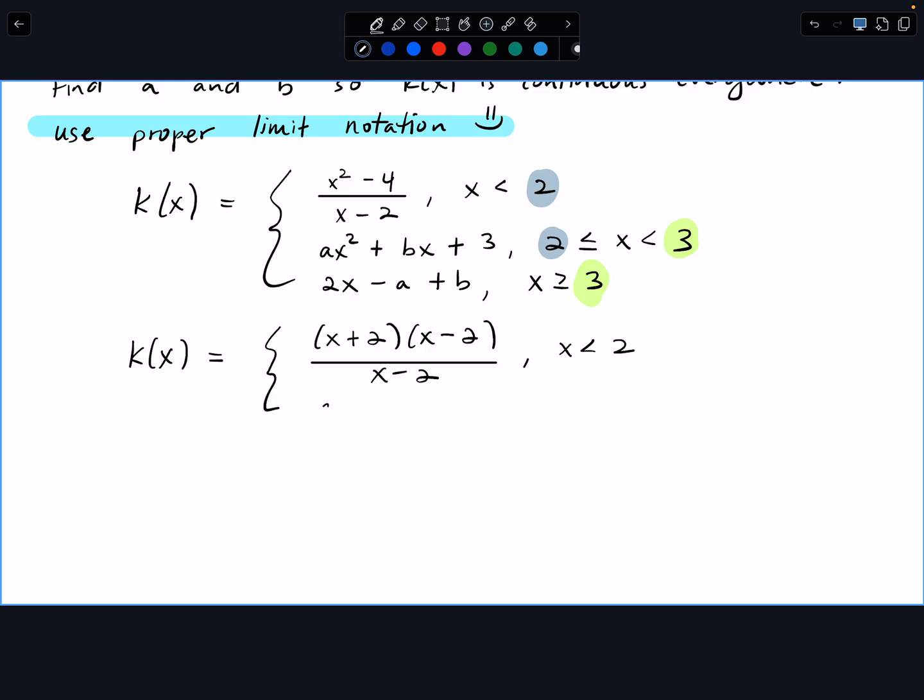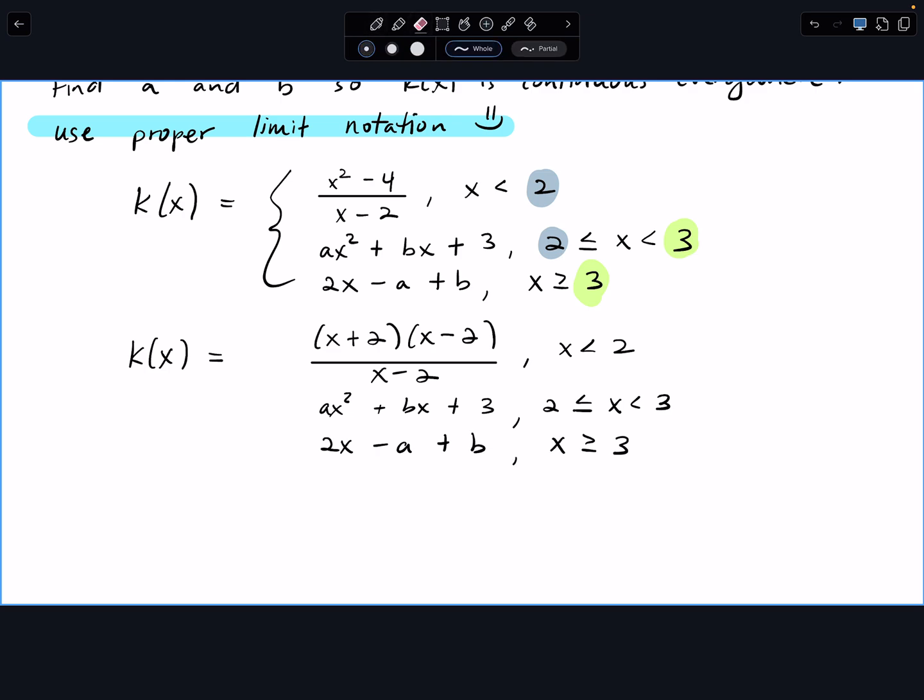And then we have ax squared plus bx plus 3. Almost wrote c by accident. And then 2x minus a plus b when x is bigger than or equal to 3. Okay. So what can I do, guys? X minus 2's cancel.